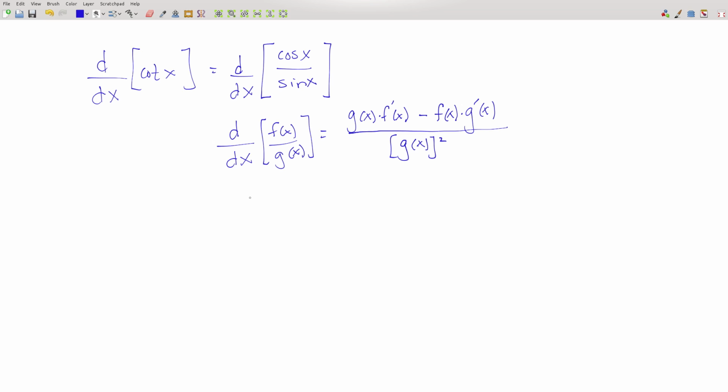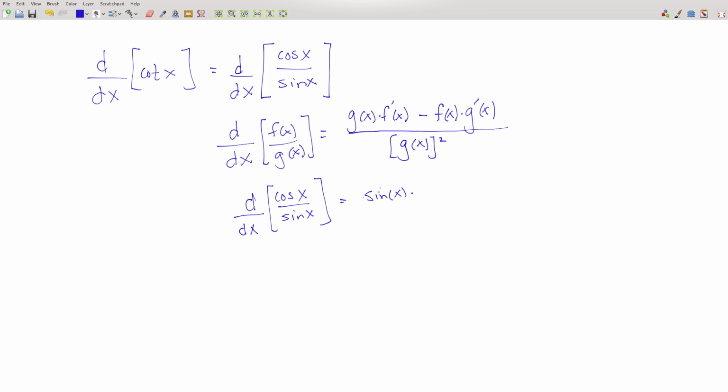Let's take the derivative of the cosine of x over the sine of x in order to find the derivative of the cotangent function. I'm using the quotient rule now. On the top, we have the sine of x times the derivative of the top.